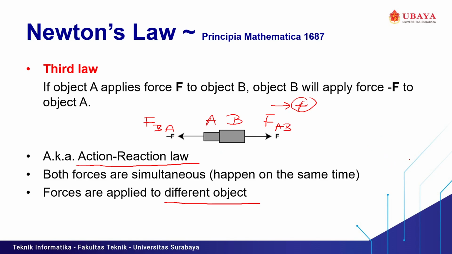Or you can also use this other notation, where who is given the force comes first. In this case, this force will be FBA: who gets the force, and from whom.